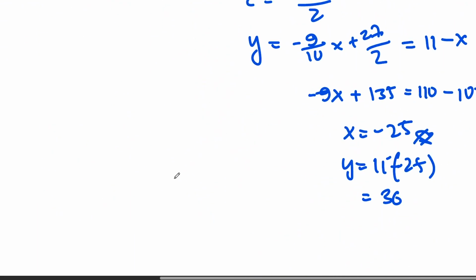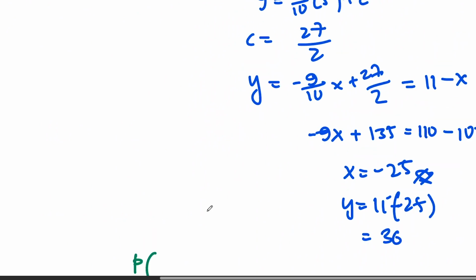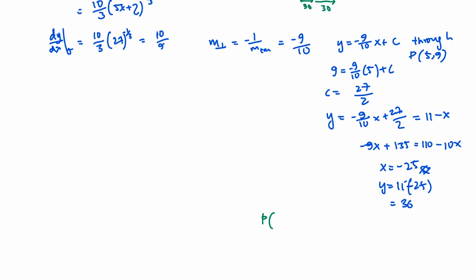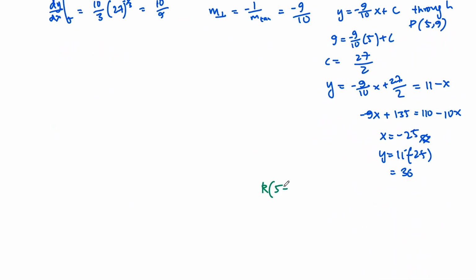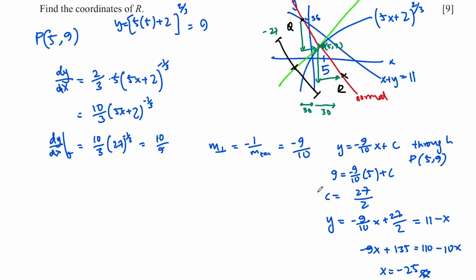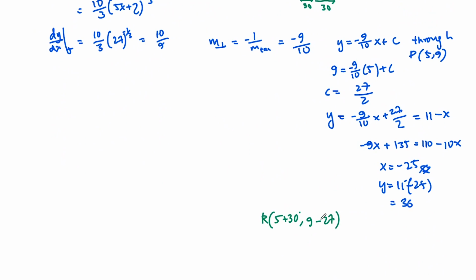So point R, from the point P (5, 9), I will add 30 to the x coordinate. Then I will also take away 27 from the y coordinate.